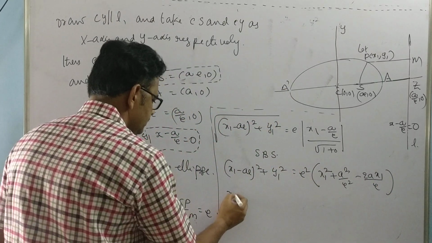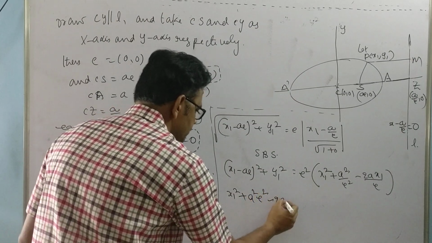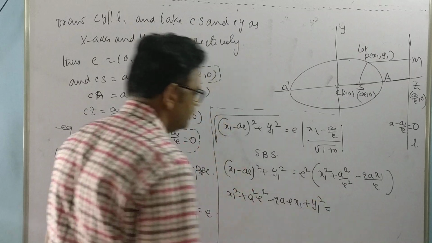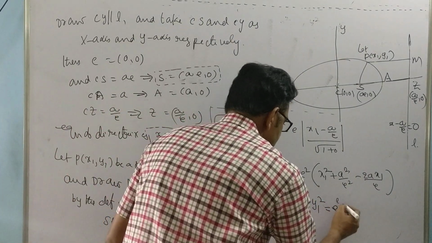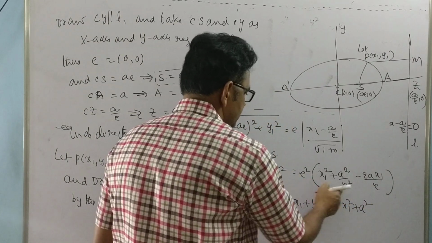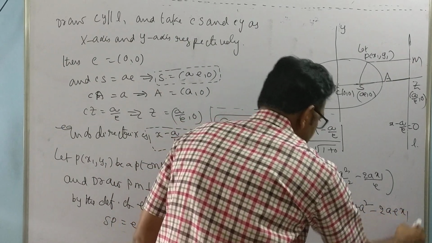Expanding, x1 square plus A square E square minus 2AE x1 plus y1 square is equal to, multiplying by E square, E square x1 square plus A square minus 2AE x1.